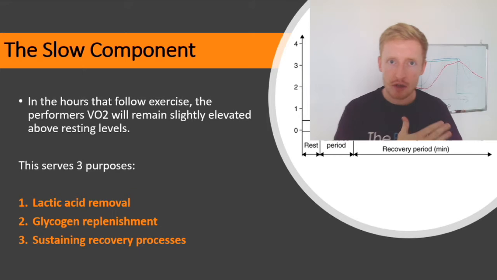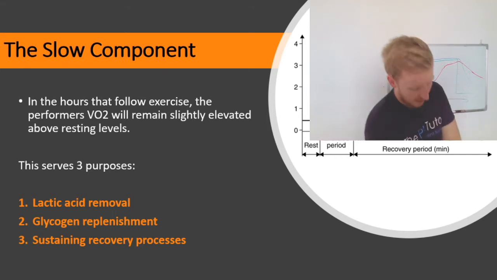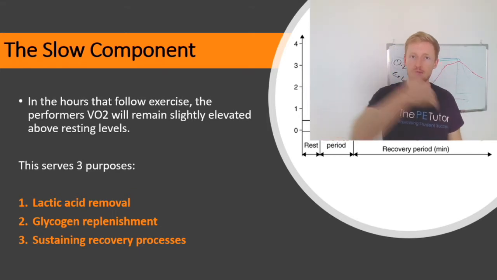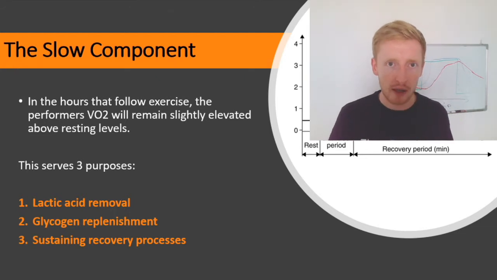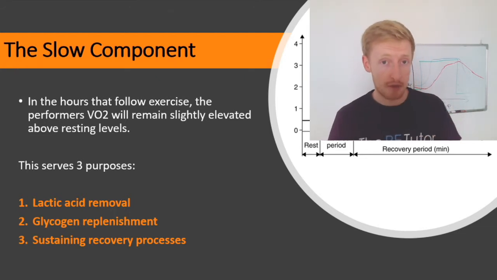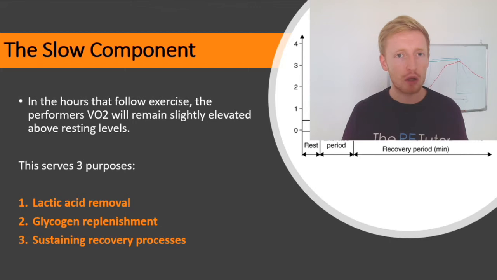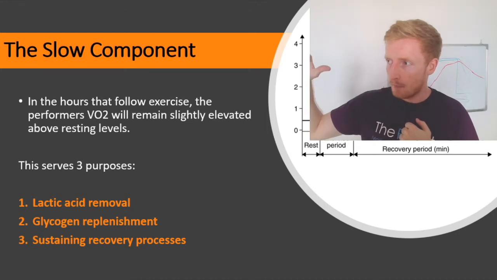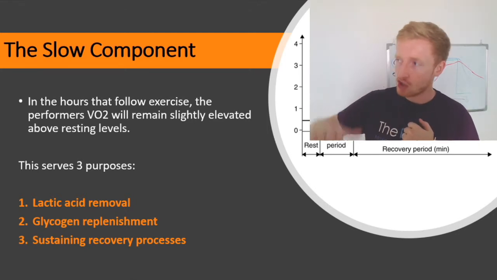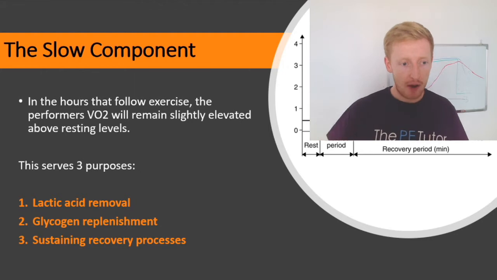If our heart is working harder to carry on this supply of oxygenated blood around the body, everything's still working. And if everything's working inside the body, well, what does it need to work? Energy. So we carry on consuming oxygen at a higher rate because all of our bodily systems are functioning at a higher rate to help us recover.